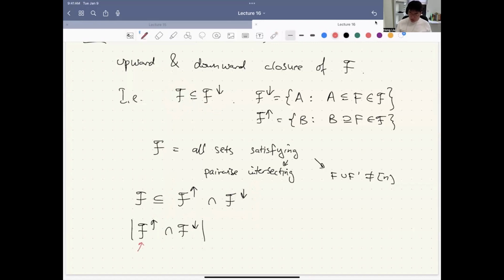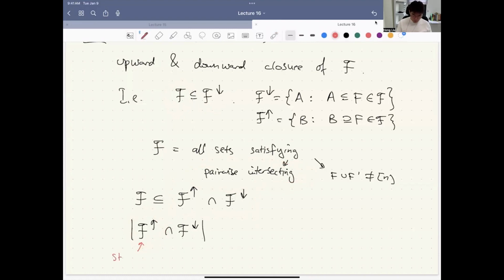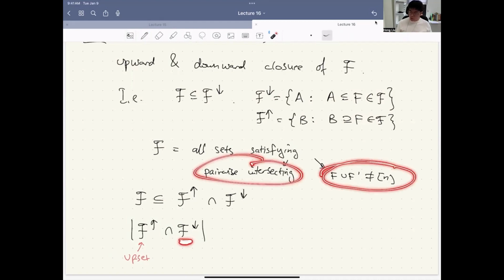F itself is intersecting, and taking the upward closure is still intersecting, maintaining this property. This is an upset. Taking the downward closure, if two sets' union is not the whole set, then for any two sets in the downward closure, it's still satisfying this, maintaining the second property.